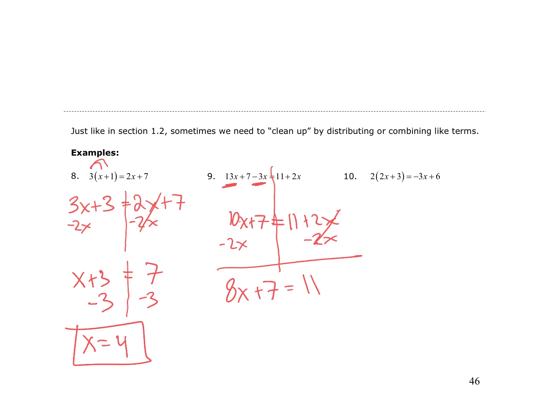You could do the chart like we did on the previous page, or I can solve it with the algebraic method, where I first have to get 8x alone, so plus 7, the inverse is minus 7 on both sides, and that gives me 8x equals 4. 11 minus 7 is 4, and then I'm going to divide by 8, x equals 4 over 8. I can reduce that. They both divide by 4, which gives me 1 over 2.